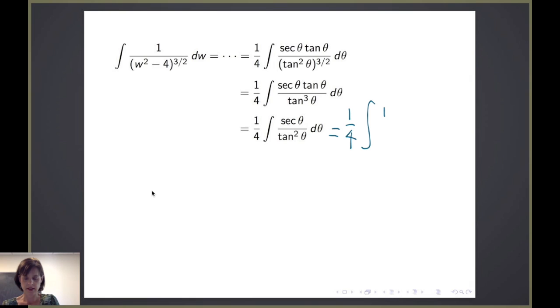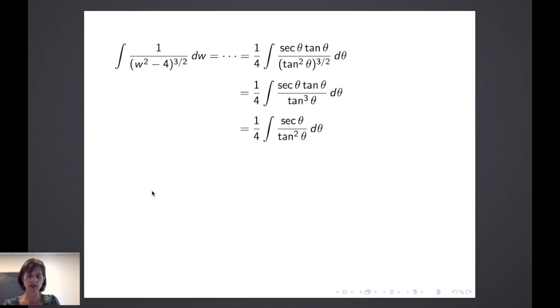Secant of theta is the same thing as 1 over cosine of theta. Tangent squared theta is sine squared theta over cosine squared theta, but it's in the denominator, so I can invert and multiply. So I have cosine squared theta over sine squared theta d theta. I can simplify things a little bit, and I'm going to be left with a cosine of theta over sine squared of theta.